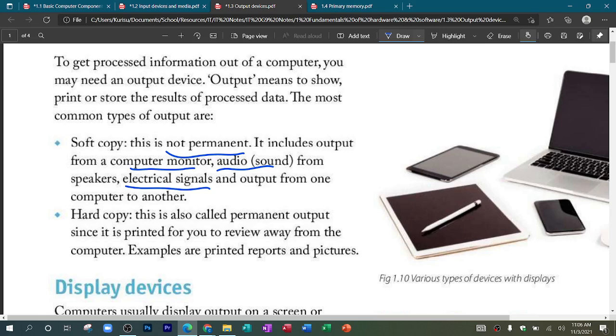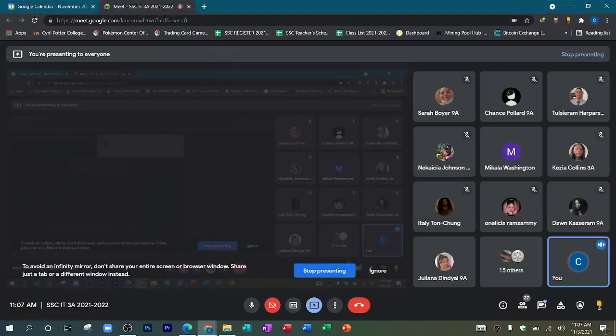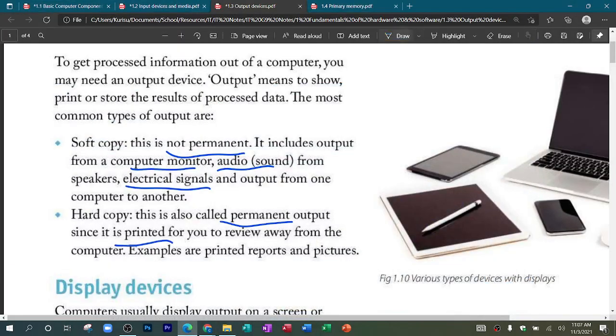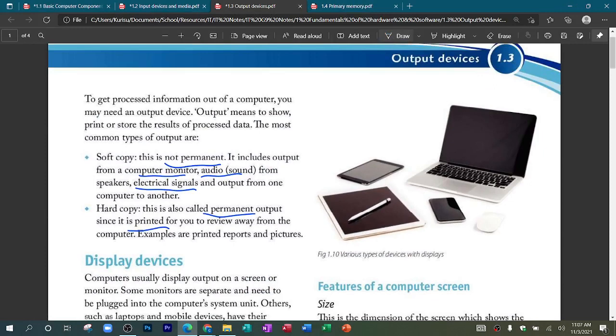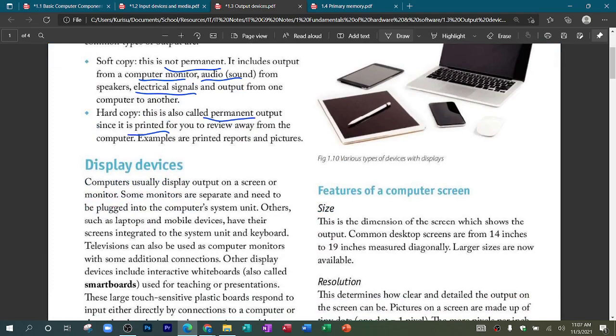Now, hard copy is something that is permanent. And the main example, or some persons would say the only example, is when you print something, because then you have something physical. It doesn't matter if your computer is on, if it is off, if your computer burns up. Once you have that printed copy, you have a permanent output there. So those are the two types of output: soft copy output and hard copy output.